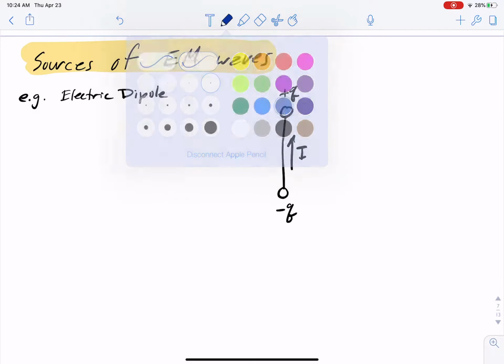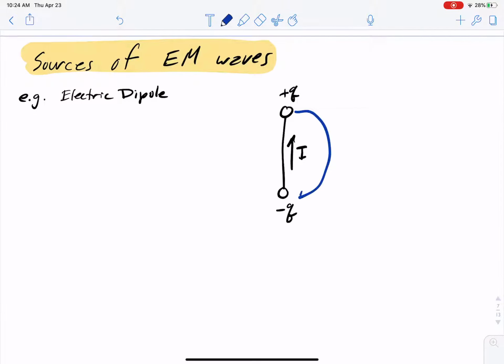Now we know this dipole will create an electric field, and the current will create a magnetic field. I'm only going to draw it in this plane, so the magnetic field we know circles around that current. And the electric field is also coming out towards us too, but we're just drawing it in the plane.